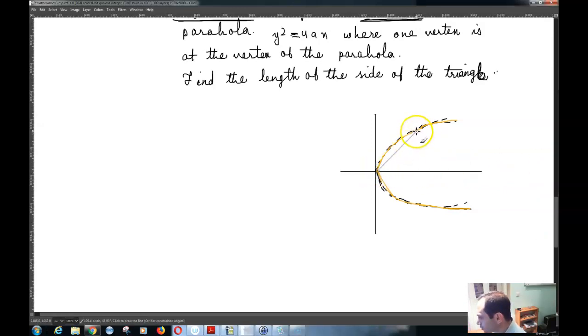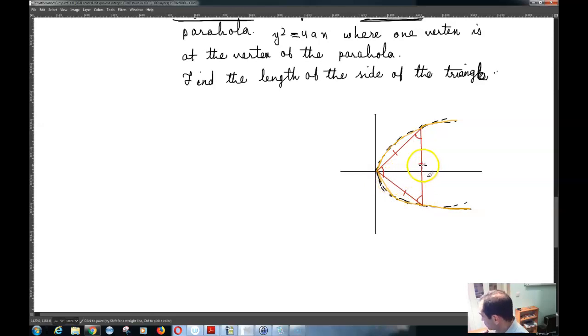That means some situation like this. Now you can imagine that this triangle is an equilateral triangle, and so these angles are all 60, 60, and 60.